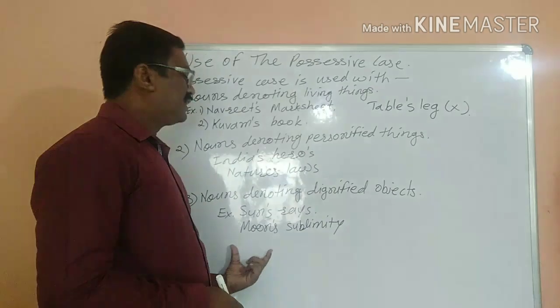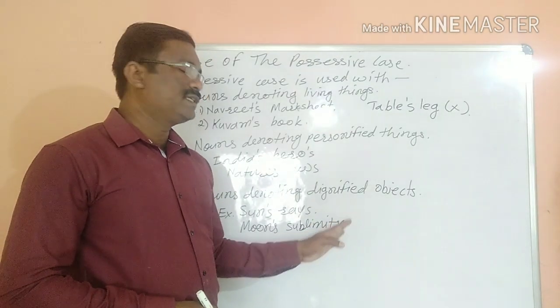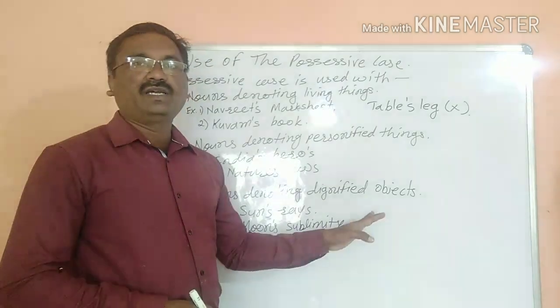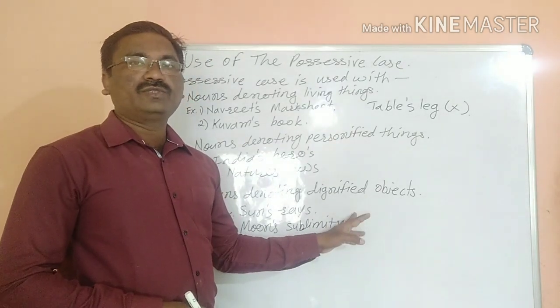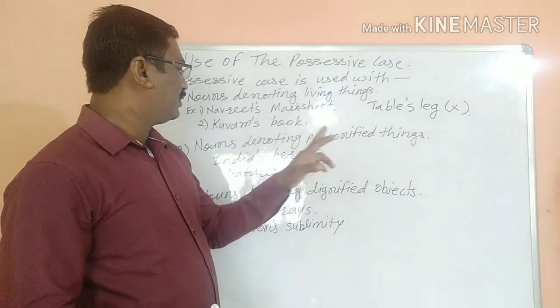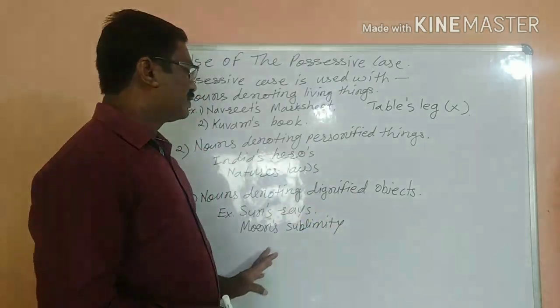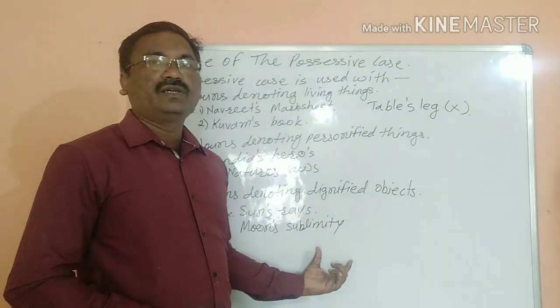Though they do not have life, in such cases we can use apostrophe s, the possessive case, for personified items and dignified objects also.